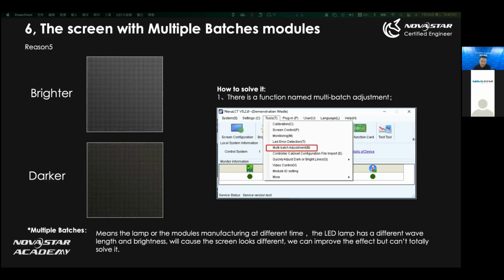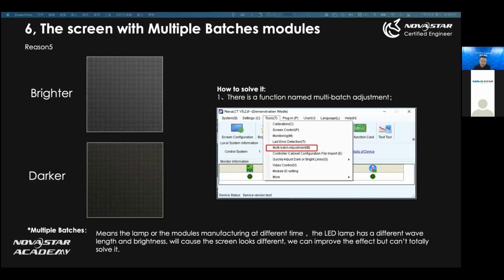Even if you turn off the screen to black, you will find that the modules are still different. It means that they are different batches. We can use the multi-batch adjustment function to help you fix it, but cannot totally solve it.